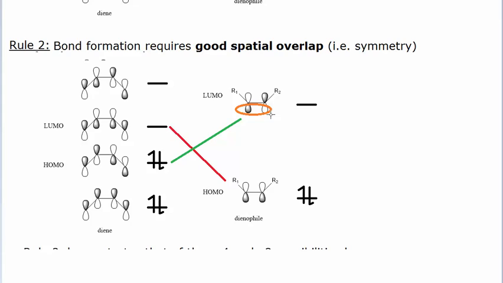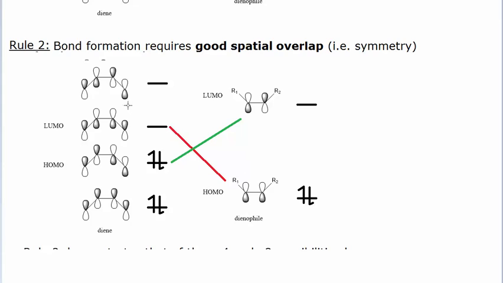You'll find out later when we look at the mechanism, when you have the overlap, it's going to be between this area here and this area here. So white-black needs to match up with white-black if these are going to bond. Similarly over here, white-white matches up with white-white, so these could bond.